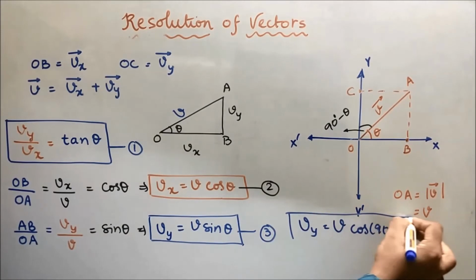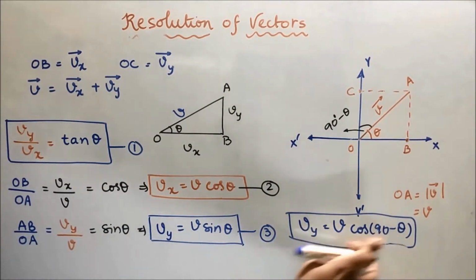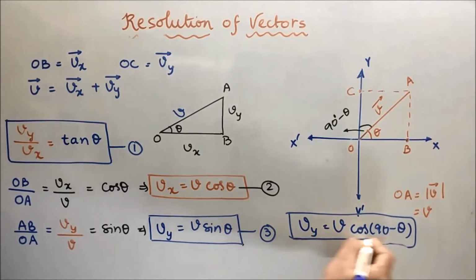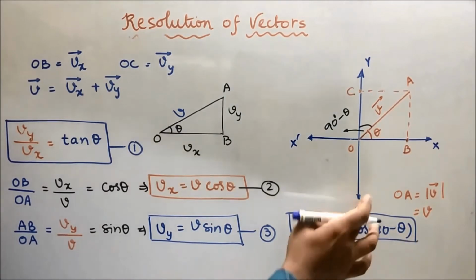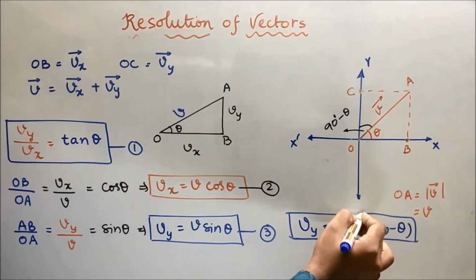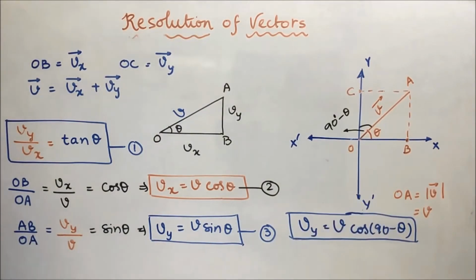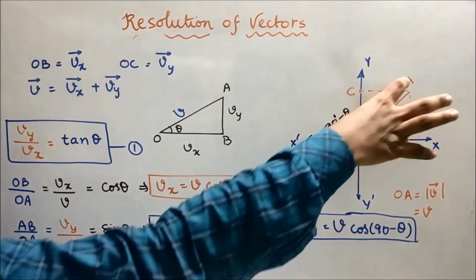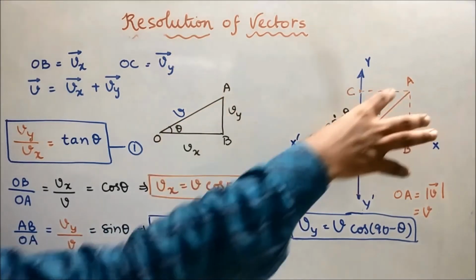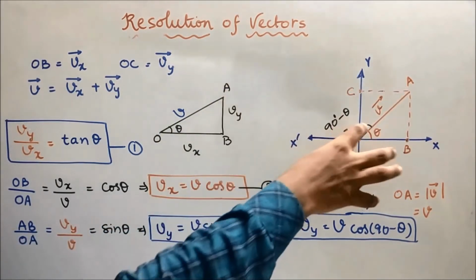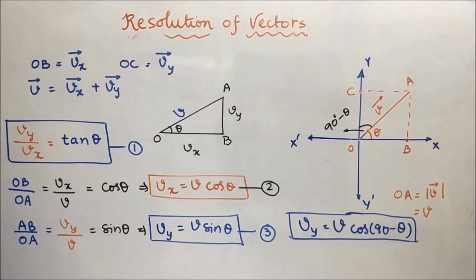Just remember this, it will be useful. I can also write V sin theta as V cos 90 minus theta. That means I am writing this vector in terms of this angle, that too in cos. This is 90 minus theta.